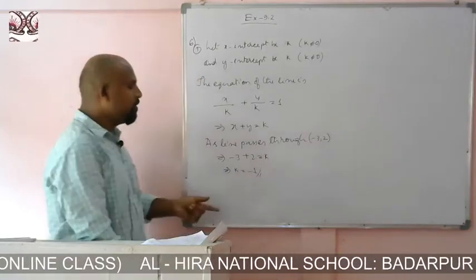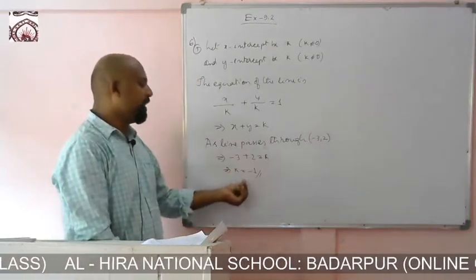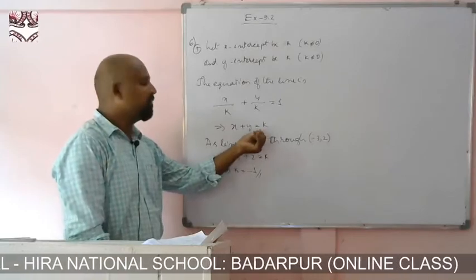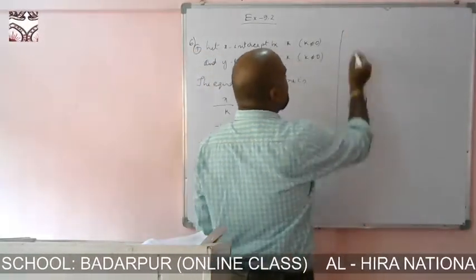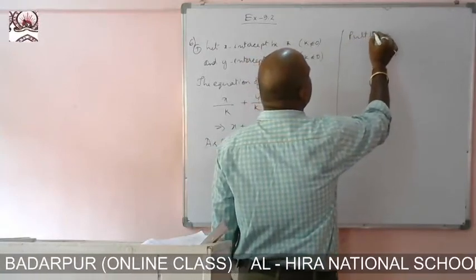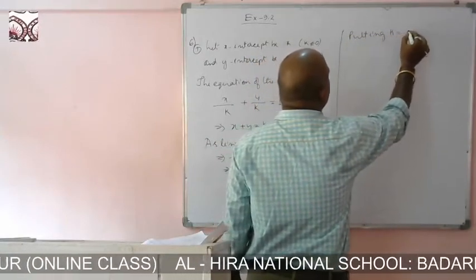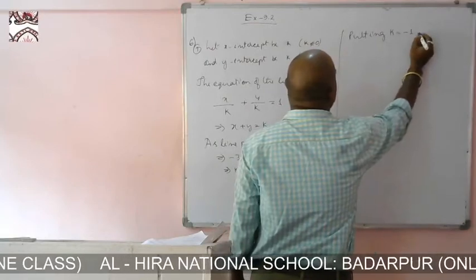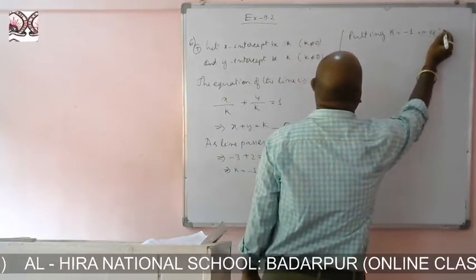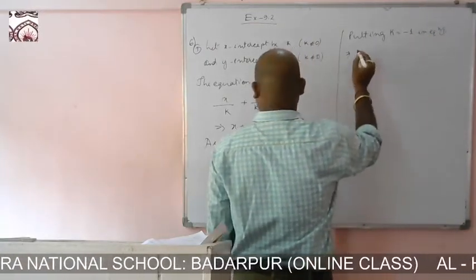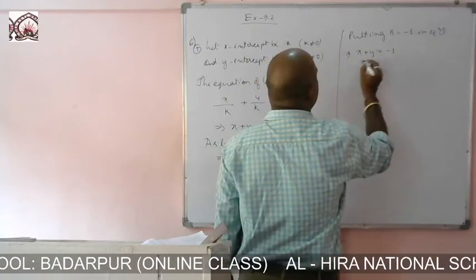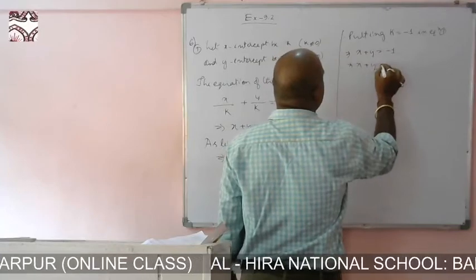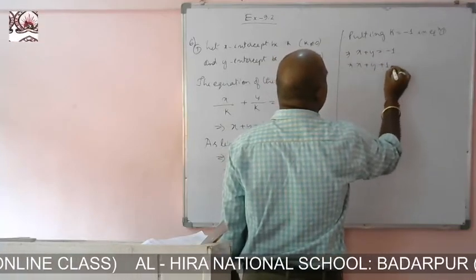minus 1. So by putting k equal to minus 1 in equation 1, what do we get? x plus y equal to minus 1, which implies x plus y plus 1 equal to 0.